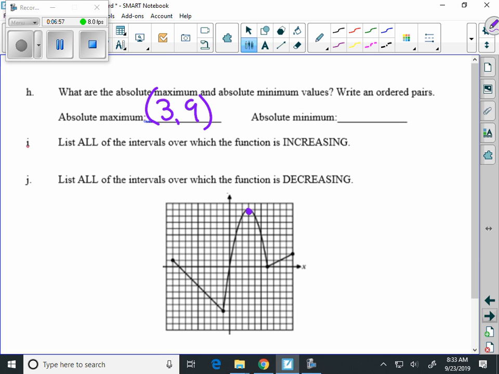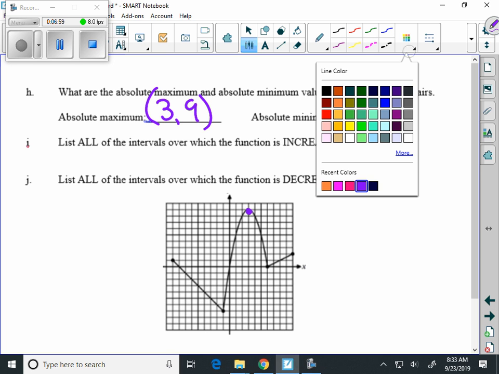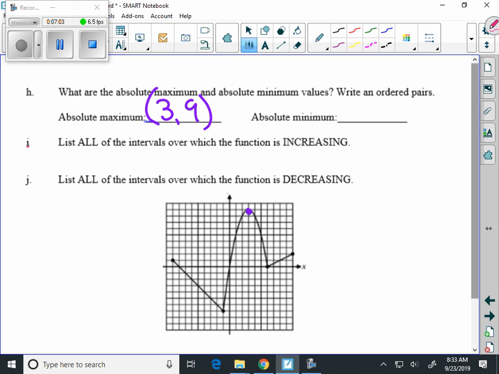The lowest point in the graph is the absolute minimum. And the absolute minimum in this particular case is the lowest point on the graph, which is here, which is -1 and 1, 2, 3, 4, 5, 6, 7, -7. So notice that they happen to be the relative values as well. And they can be.